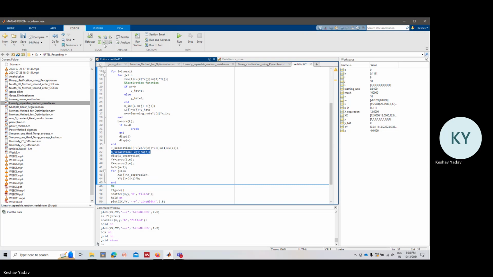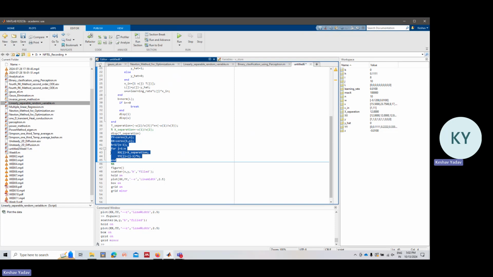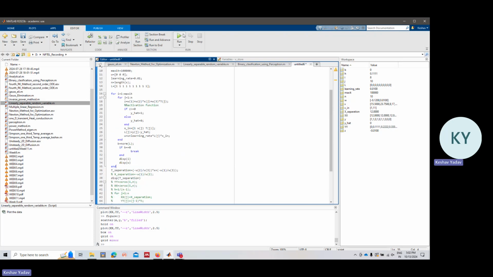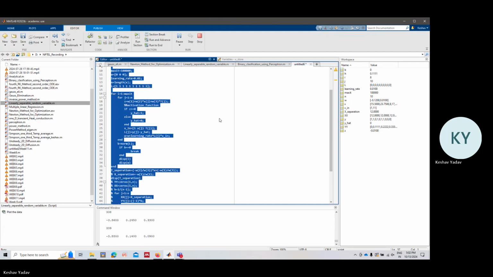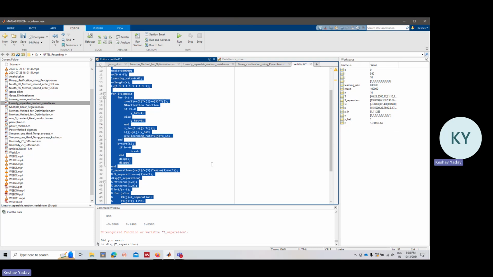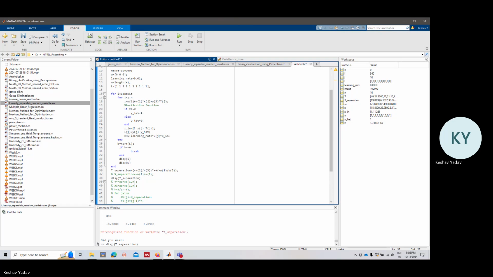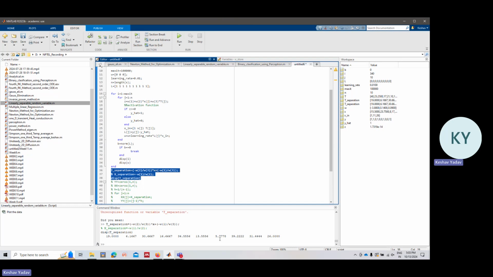So I should comment this. Unrecognized T separation variable, so there is some spelling mistake. So this is my T separation line.